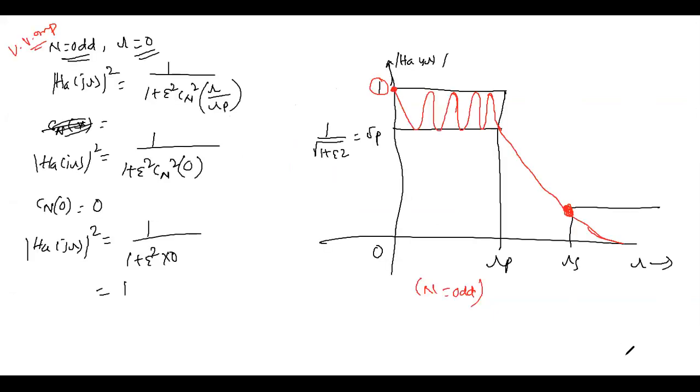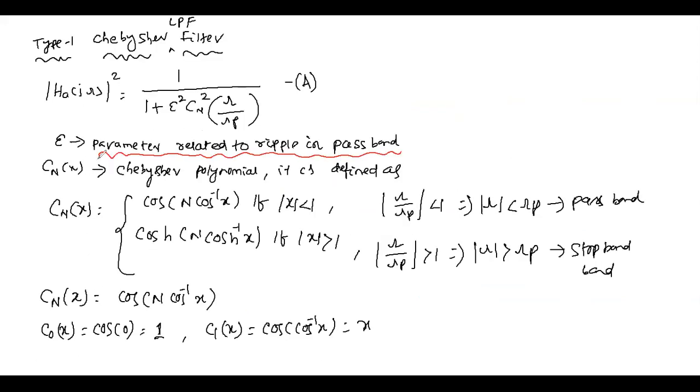And here, if you see, this epsilon is the parameter related to ripple in the pass band, C_n(x) is the Chebyshev polynomial. Okay, or you can say the nth order Chebyshev polynomial, and simply what is n? N is the order of the Chebyshev low pass filter. Okay, there is no doubt, you know this thing, that's why it is not written. Okay, now how to find the order of this filter?